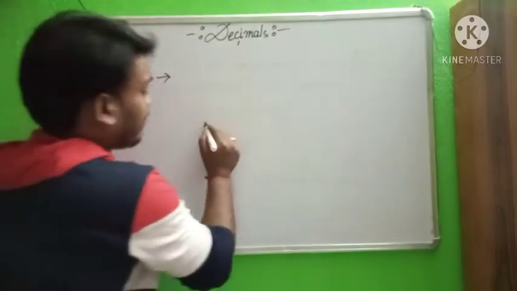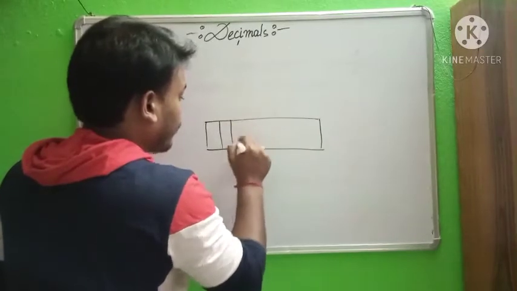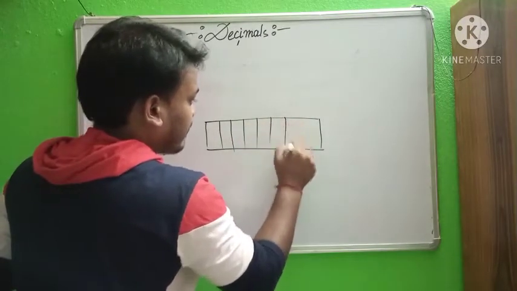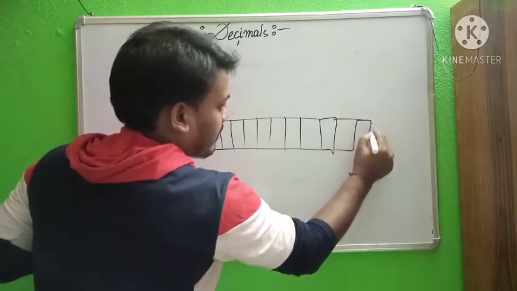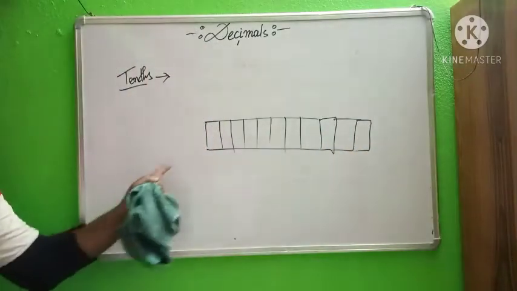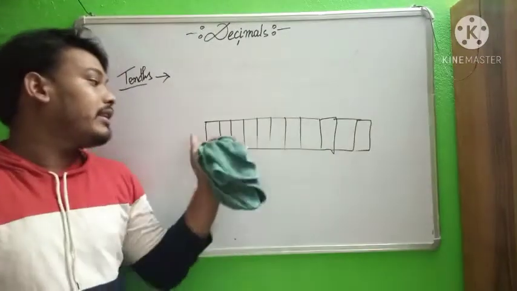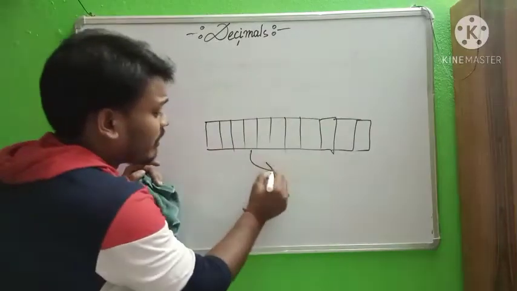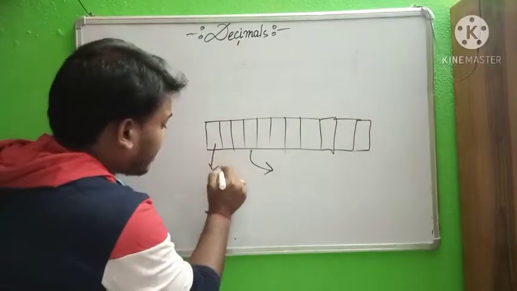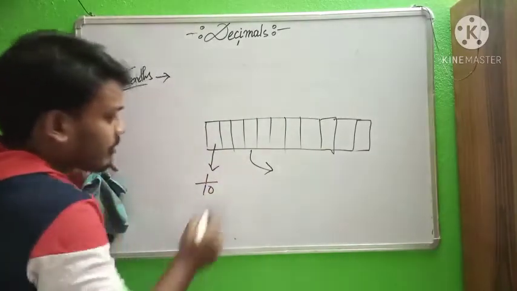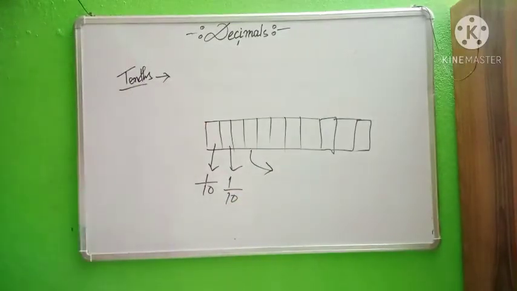In a fraction, the whole has parts 1, 2, 3, 4, 5, 6, 7, 8, 9, 10. If it is one whole cake, we divide it into 10 equal parts, then each part is 1 by 10. In fractions we already learned about it.